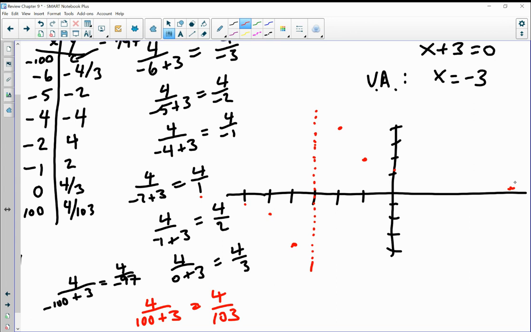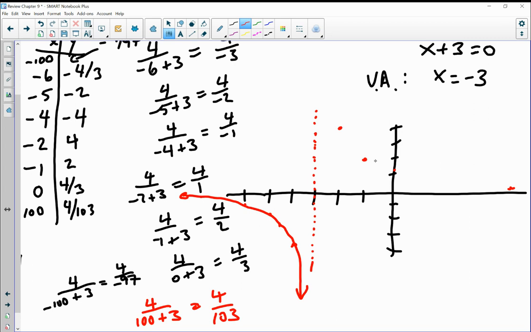Now we have to understand what happens as we get closer and closer to the vertical asymptote, and you'll notice the trend here would be to go like this. If you want to be a little more specific, you could plug in points between 0 and negative 1. And the same thing goes on the right side.